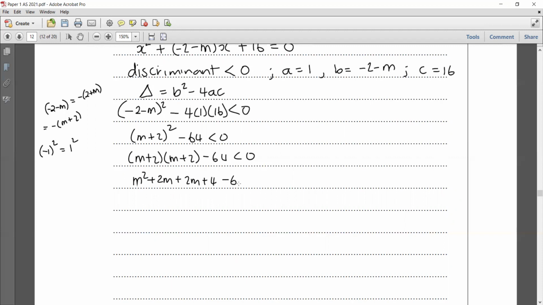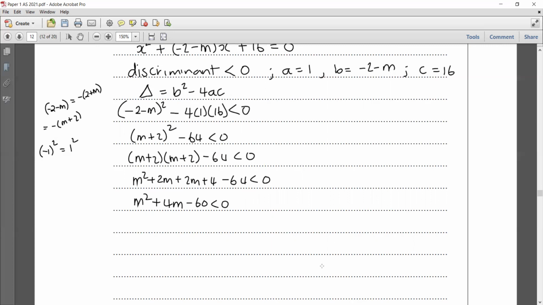Then 4 minus 64, this is less than 0. Okay. This is m squared plus 4m minus 60 is less than 0. So this is a quadratic inequality.